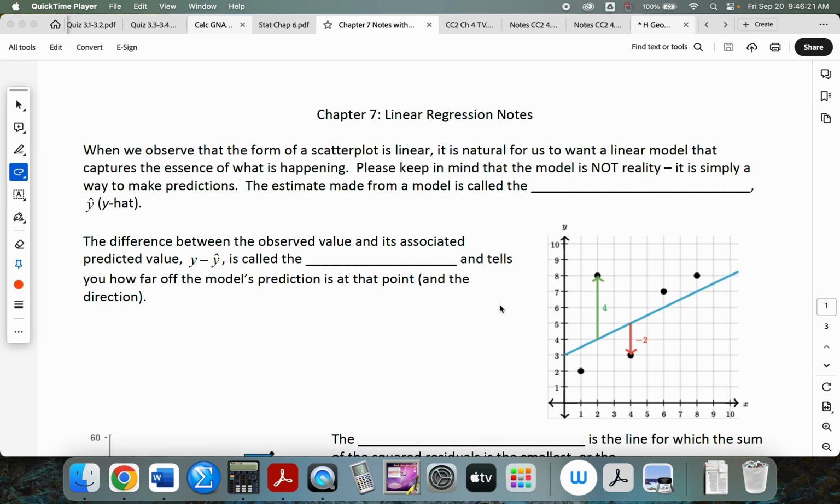Reality is rarely exact, which is part of why in statistics a lot of times they're happy to give general answers. We feel that it's likely that this is happening, right? Statistics rarely says the answer is 2.